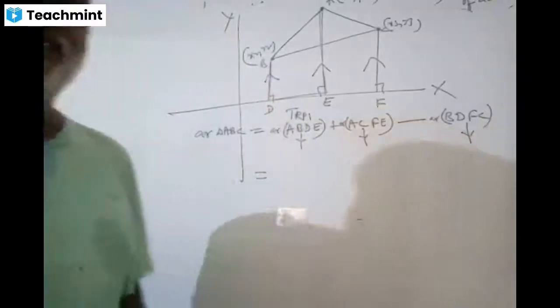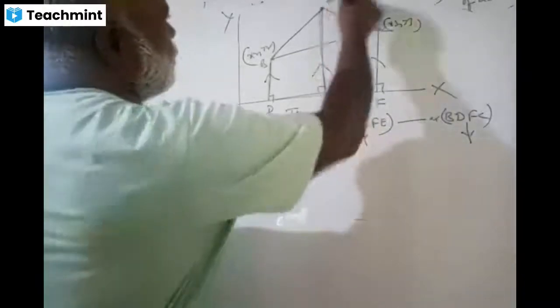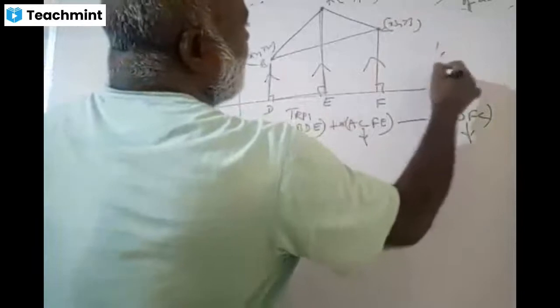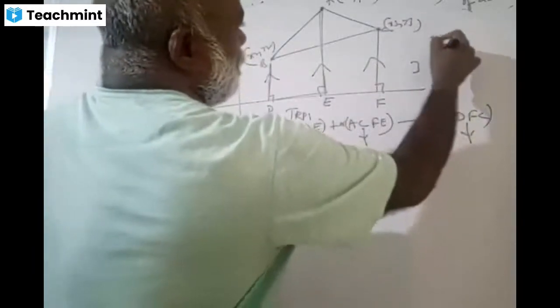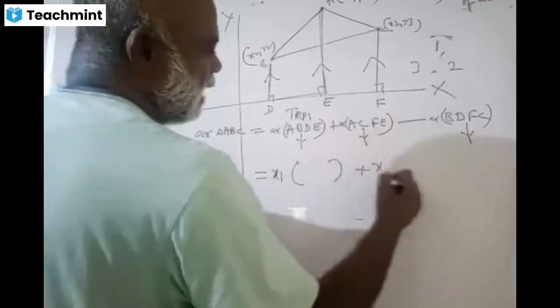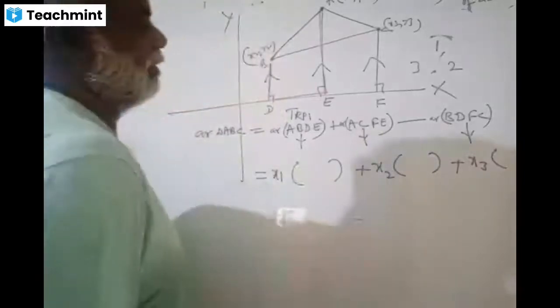Sometimes. So friends, finally you get x1 y1, x2 y2, x3 y3. I used to write 1 2 3, 1 2 3. I write x1 into, x2 into, and x3 into. These are the things I write.